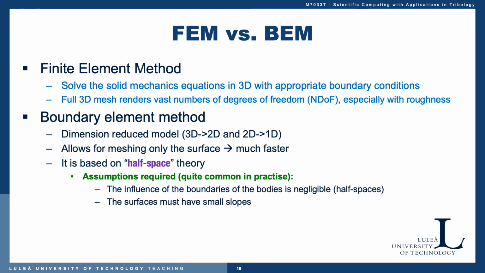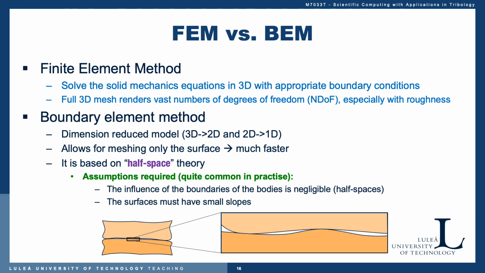The boundary element methods are typically based on this half-space theory, and an assumption required for the half-space theory to be applicable is that the influence of the boundaries of the bodies is negligible. So the bodies are actually half spaces, and the surfaces must have small slopes.